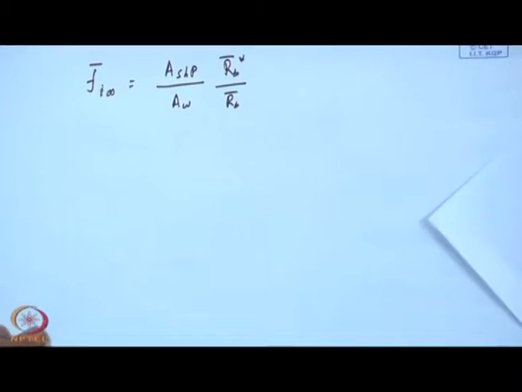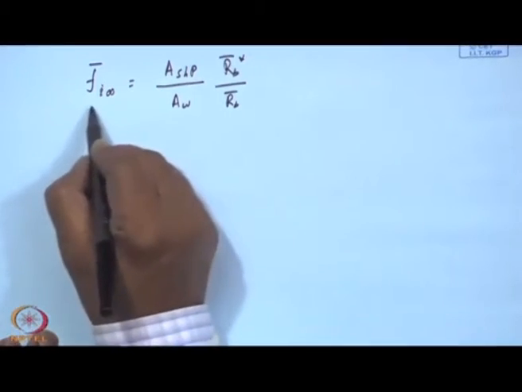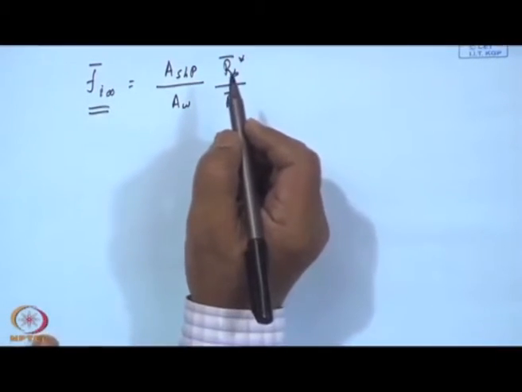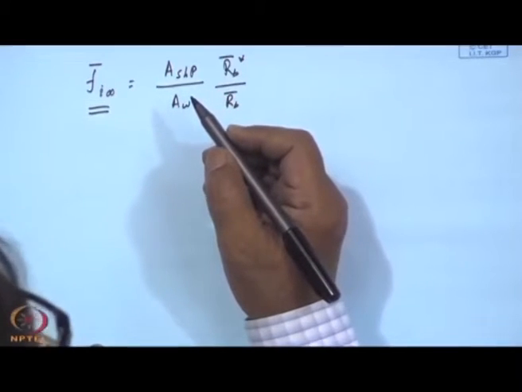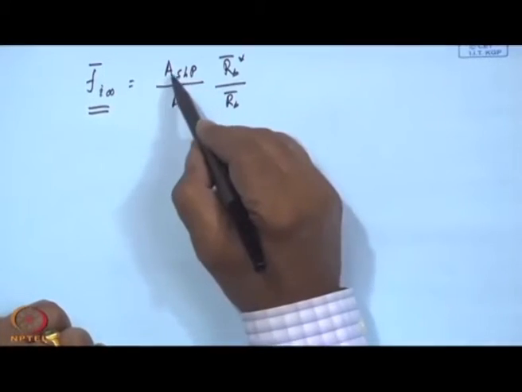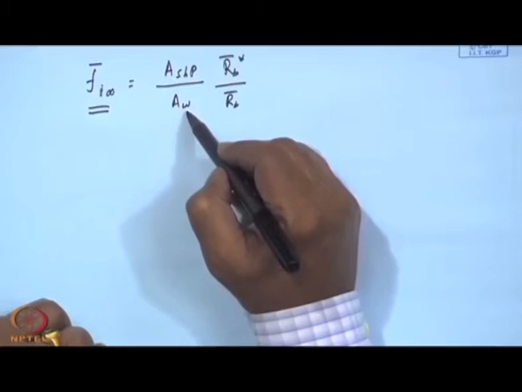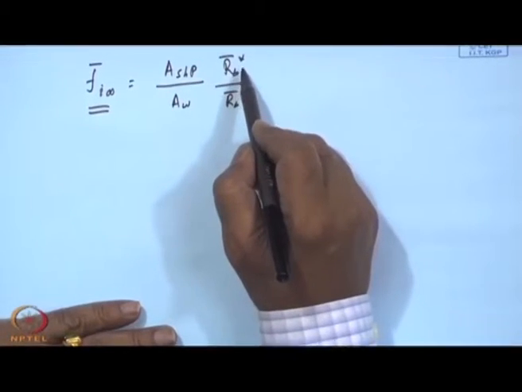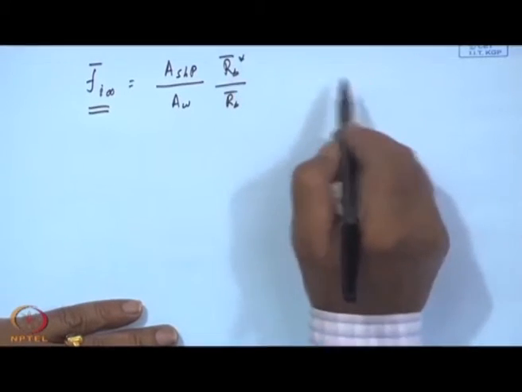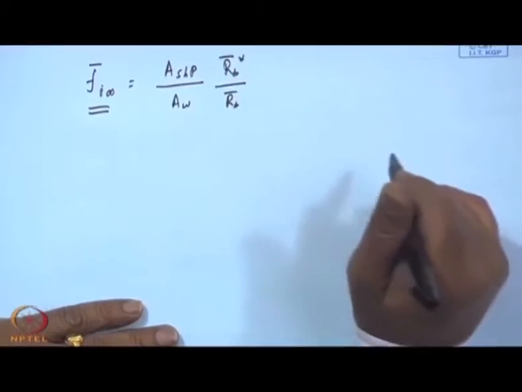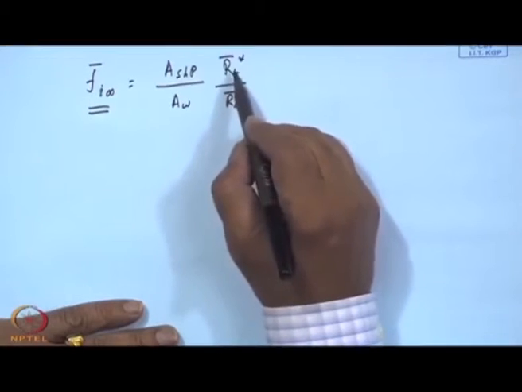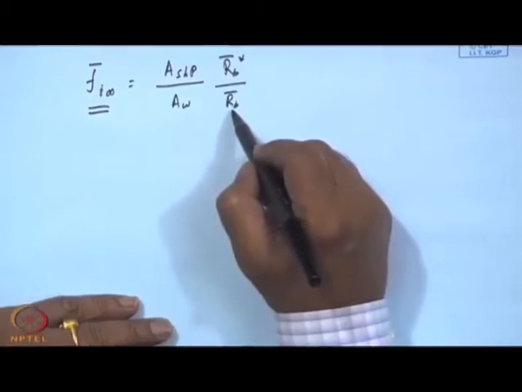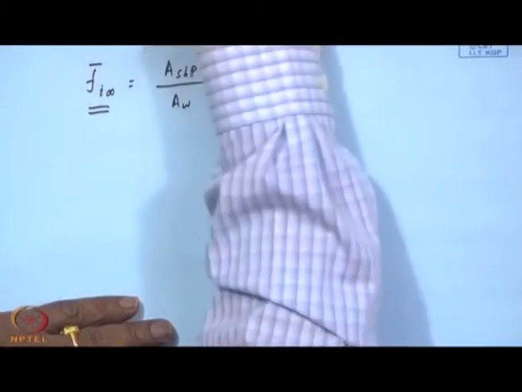So, in other words, the concept of the shading plane or the shaded area has been brought into the monthly average daily shading factor Fi bar infinity, which should be the ratio of the shading plane to the window area, which is purely geometric. RB bar star will represent how long the projection is and what is the height of the window, and RB bar is for the simple window.